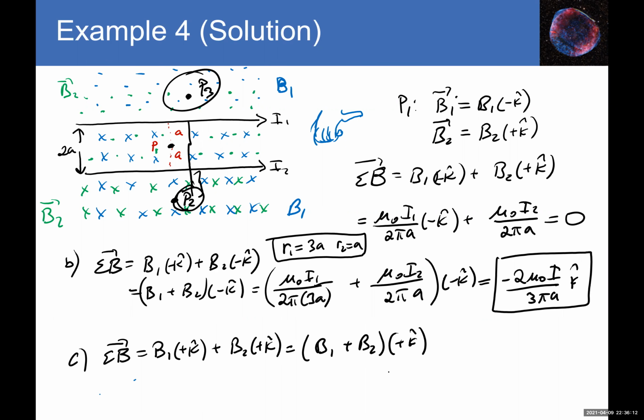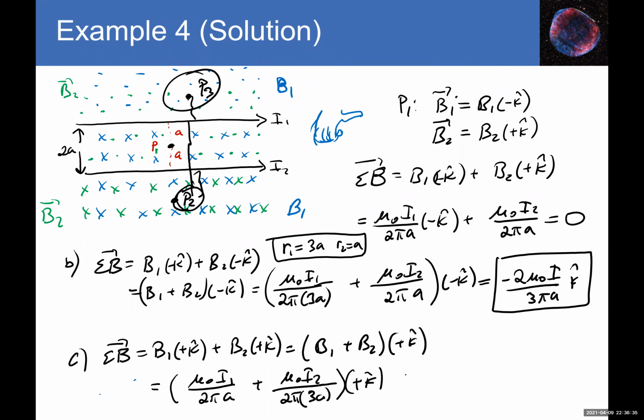That will be mu naught I1 over 2 pi A, since wire 1 has only distance A from the point P3, then plus mu naught I2 over 2 pi 3A, since wire 2 has a 3A distance from that, then plus K.